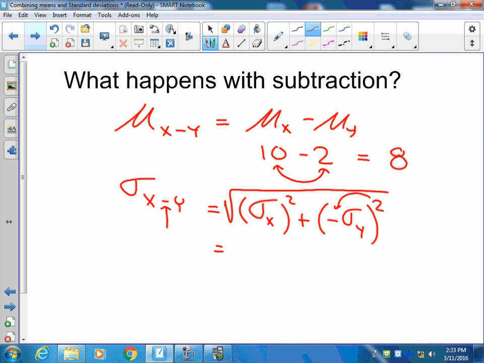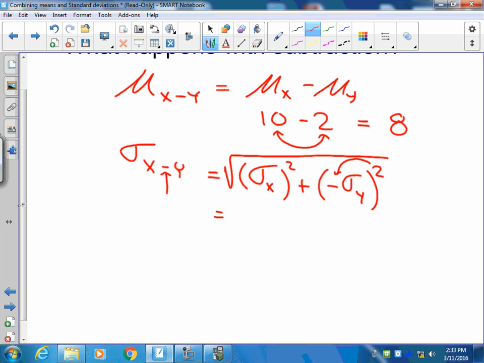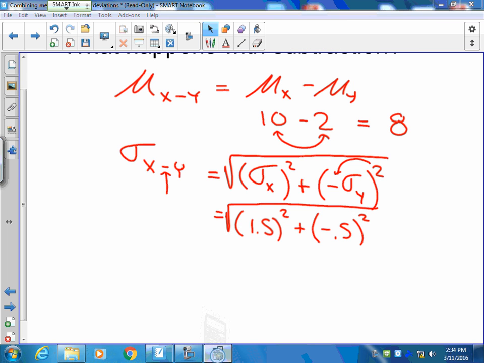Okay, so let's look and see how this happens with some actual values. Our standard deviation of x, 1.5 squared, plus negative 0.5. I attach the scale factor to the standard deviation, and then I square it. And then to turn it back into a standard deviation, we square root at that point.